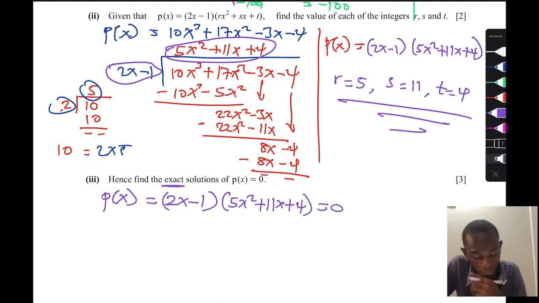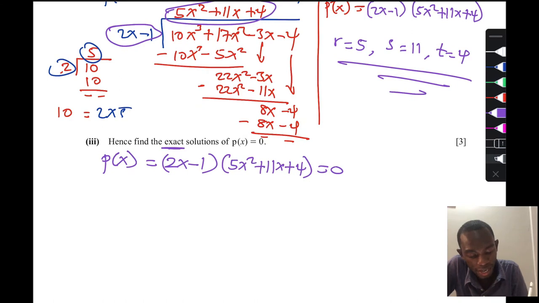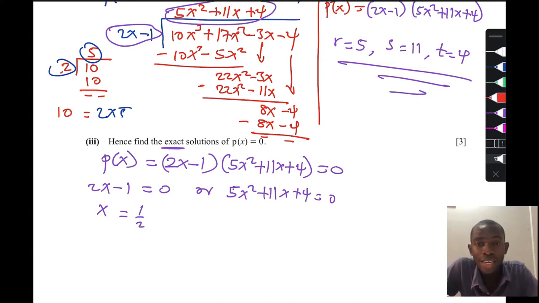Everything equals 0. So it means that 2x minus 1 equals 0, or 5x squared plus 11x plus 4 equals 0. So this gives us x equals half. Since they mentioned exact, it means they do not want decimals.